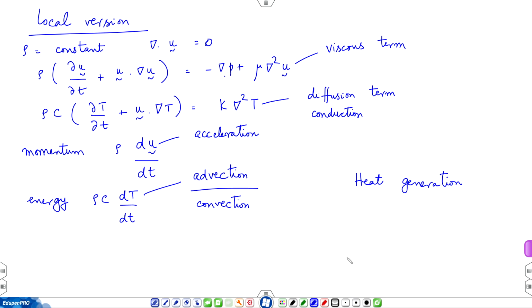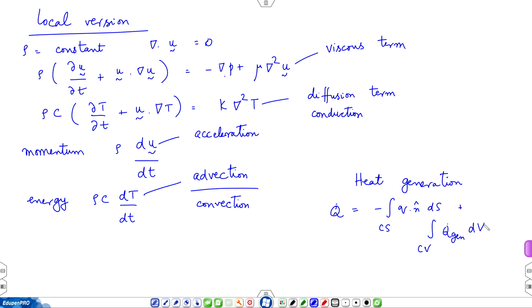If you had heat generation, then you would have written q dot equal to integral over C s q dot n d s plus integral over C v q dot generation d v, with the sign convention for heat generation. What is heat generation? You may have, let us say, chemical reactions taking place inside the region.